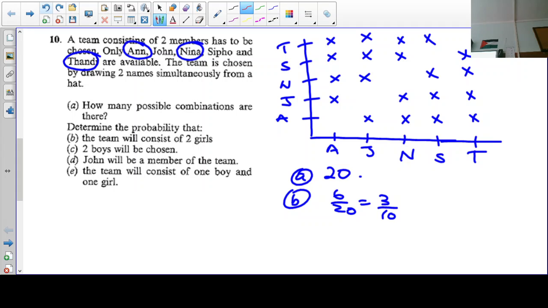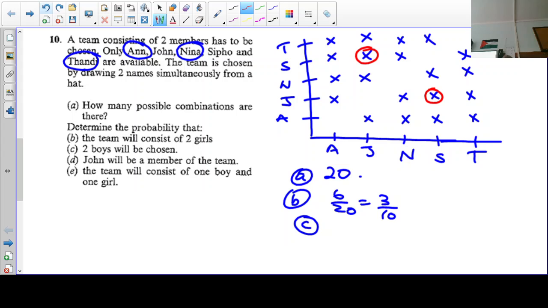Then C. Question C says 2 boys will be chosen. So for 2 boys, it will be John and Sipo, Sipo and John.